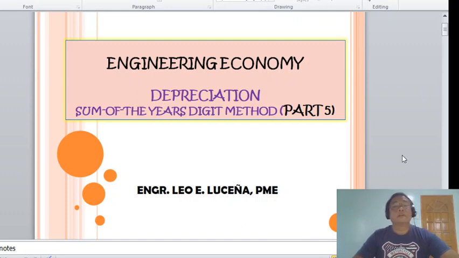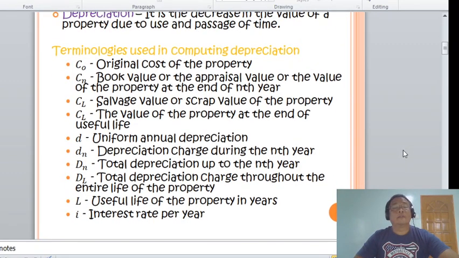Class, good morning. So this is the fifth method of computing the depreciation, the sum of the year's digit method, or the SYD method. Okay?